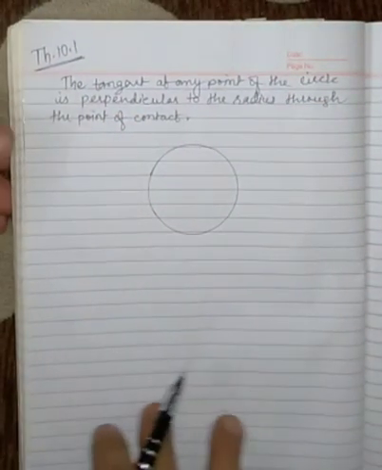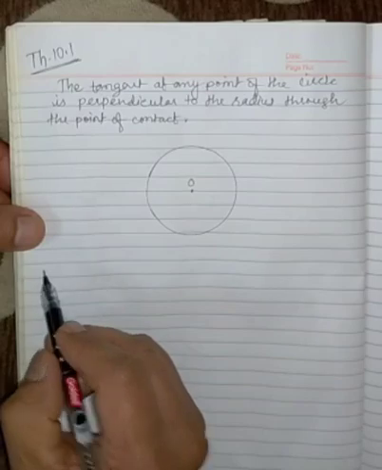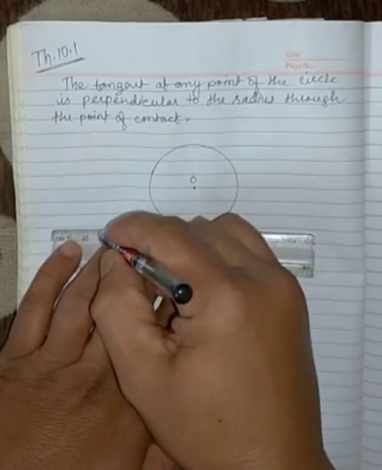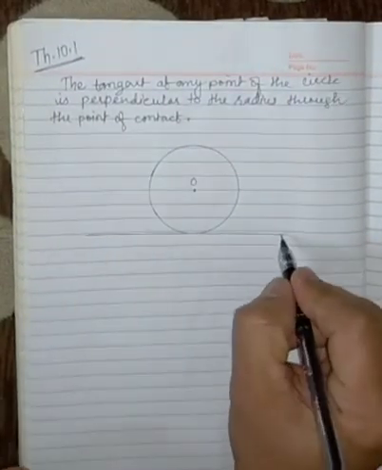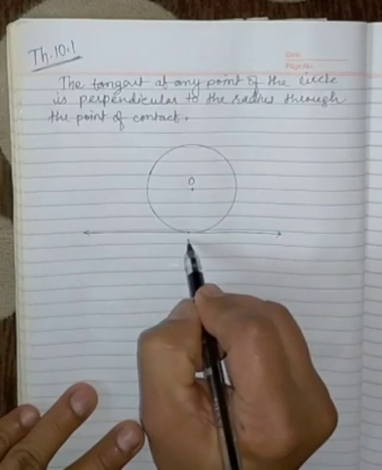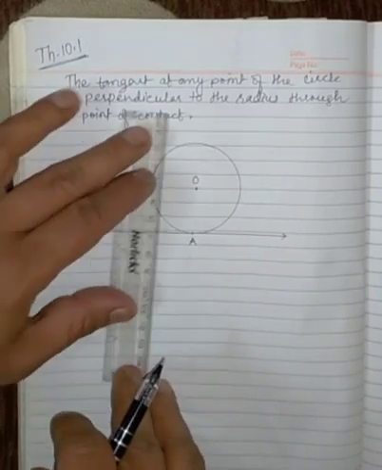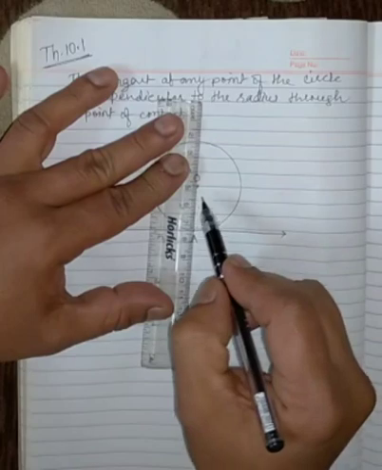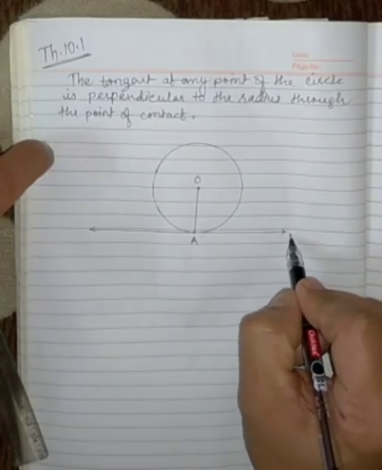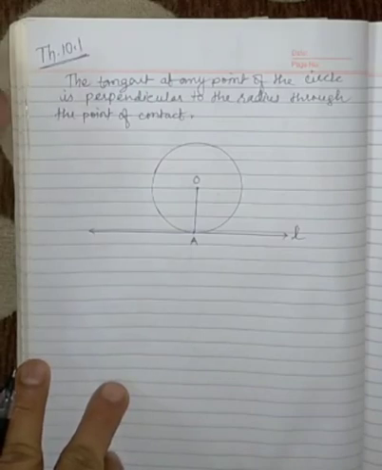This is any circle with center O. And this is any tangent passing through the circle, intersecting it here at a point, let it be A. So we have to show that this OA is perpendicular to this tangent L.